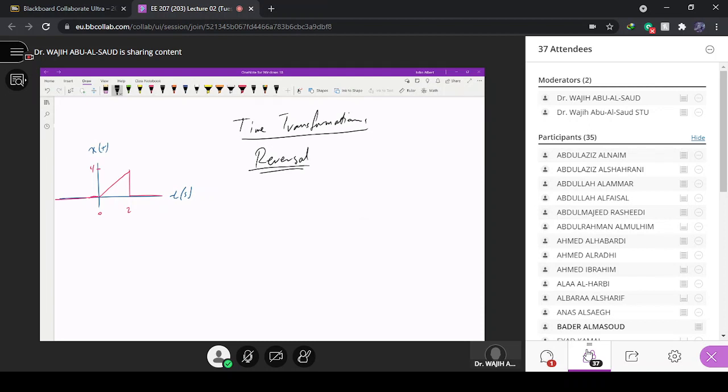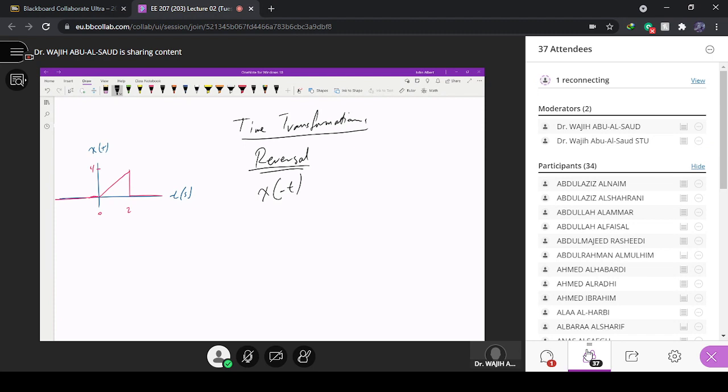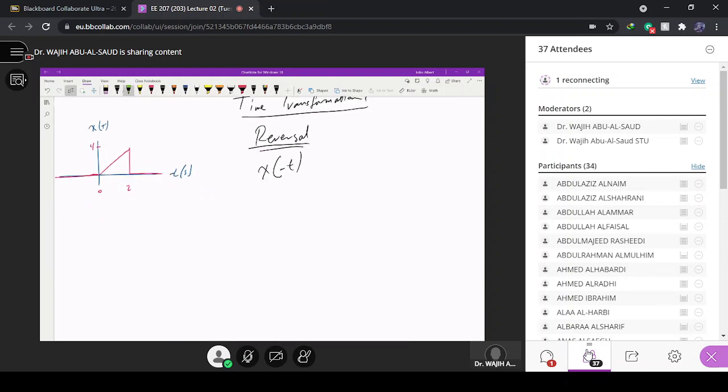What do I mean by time reversal? Very often, you're going to be given a function or signal like x of t, and you're going to be asked to sketch x of minus t. What happens if I remove the t and replace it with minus t? This is basically what we call time reversal. Yes? Now, if this is x of t, can any one of you tell me how x of minus t will look like?